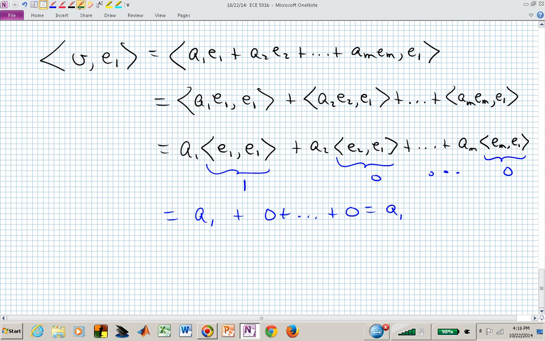And this process can be repeated for all of the subsequent basis vectors. So repeat for all other vectors in the basis.